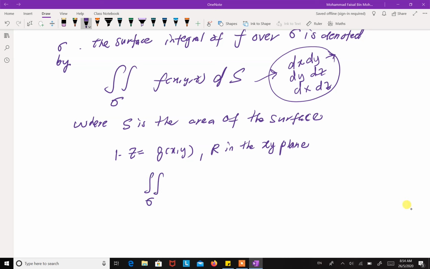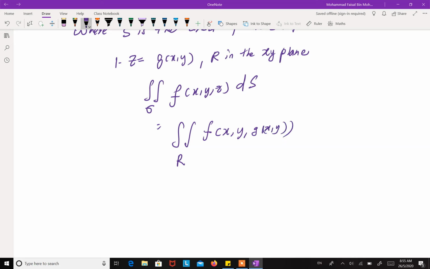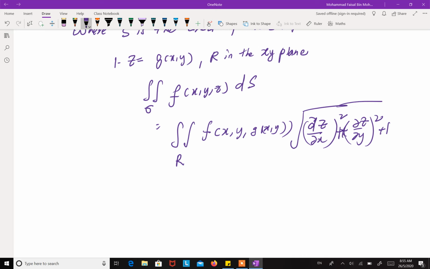So the integration under sigma f(x, y, z) dS will be the double integral under region R of f(x, y, g(x, y)) times the square root of (del z over del x) squared plus (del z over del y) squared plus 1, still under the square root, and the outside part will be dA. So remember this formula.